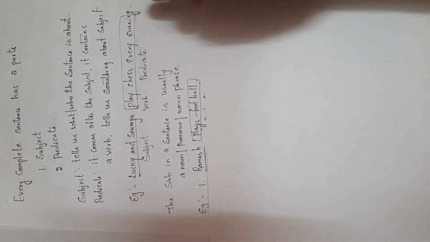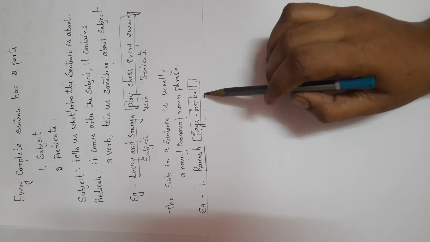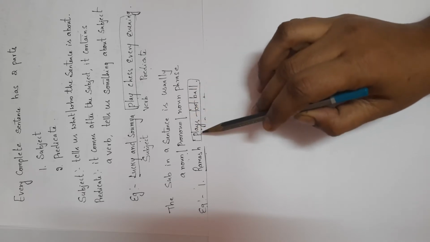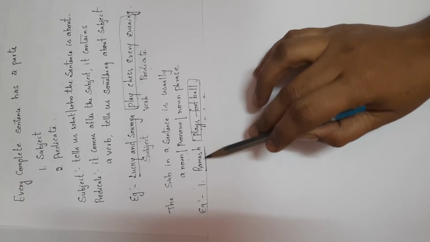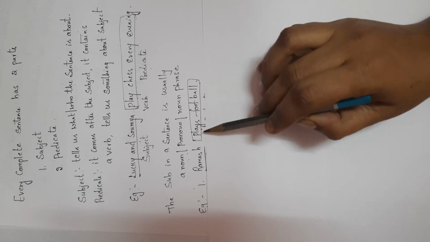Now, the subject in a sentence is usually a noun, pronoun, or noun phrase. For example, Ramesh plays football. It is a sentence, and this sentence tells us about Ramesh. So Ramesh is the subject, and the remaining part, which is after the subject Ramesh, is predicate.